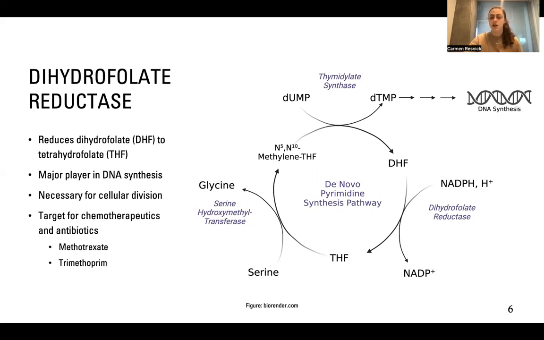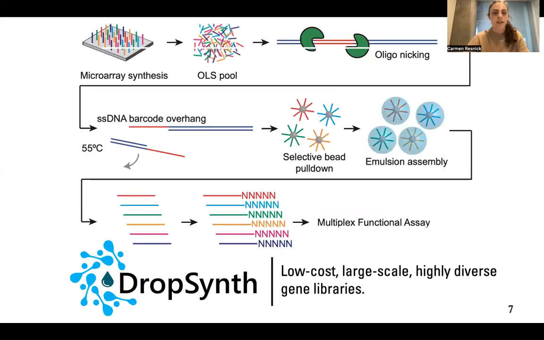This makes DHFR a target for chemotherapeutics and antibiotics, like methotrexate, which targets human cells, and trimethoprim, which targets bacterial cells. If we take out dihydrofolate reductase, we take out tetrahydrofolate, we take out DNA synthesis, and the cells can no longer continue to divide.